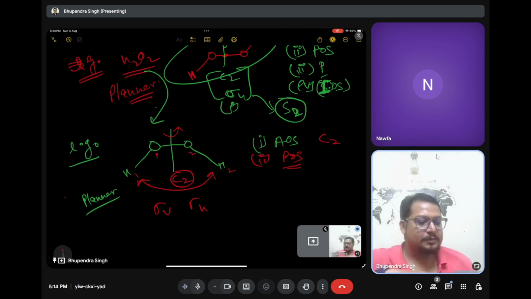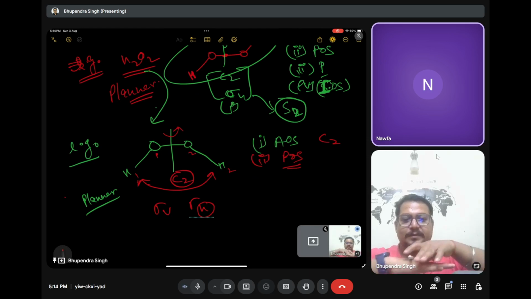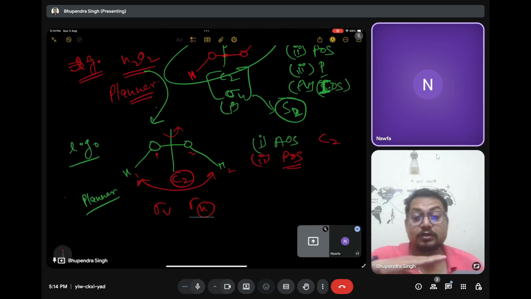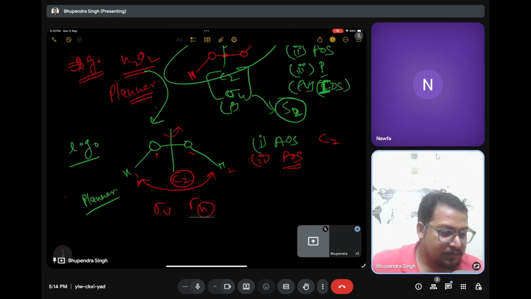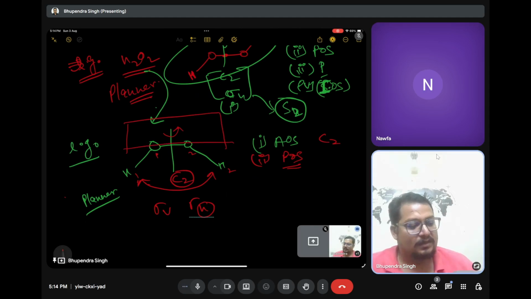So sigma H is perpendicular to this principal axis. So what will be the perpendicular plane? Sorry, not axis, perpendicular plane. So this is your perpendicular plane. What will happen then? If sigma H is there, then this H atom will go here, this atom will go here, these two will remain there.